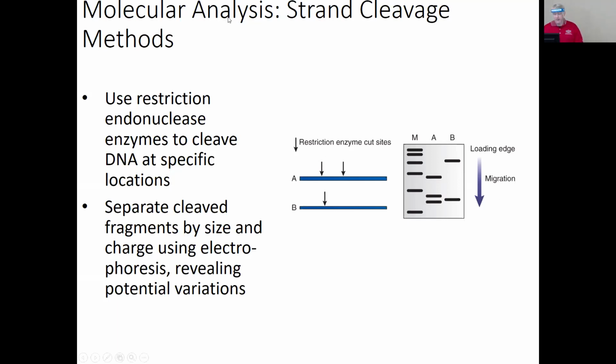So molecular analysis, we're going to start with the strand cleavage method. First one up in green here on 175 is the strand cleavage method.